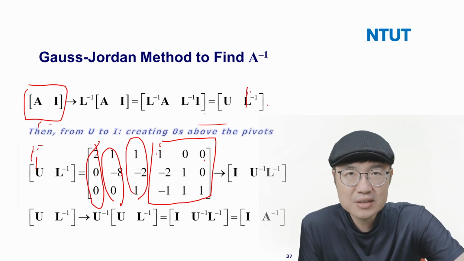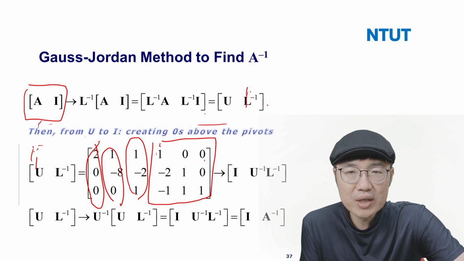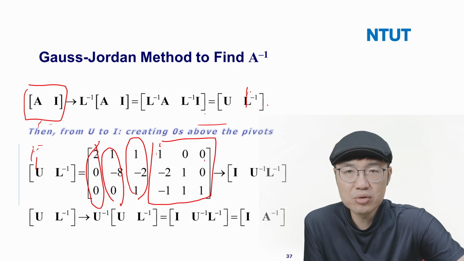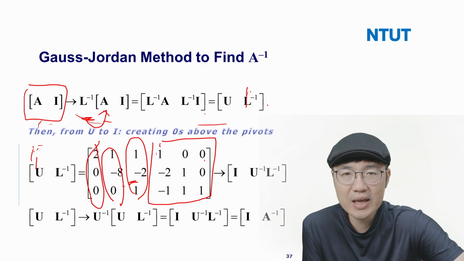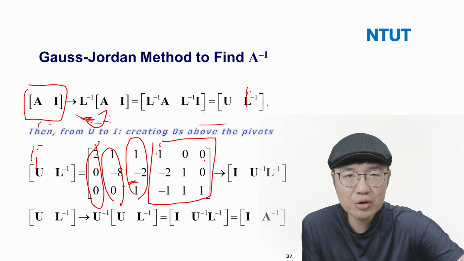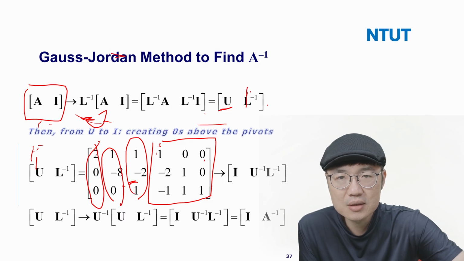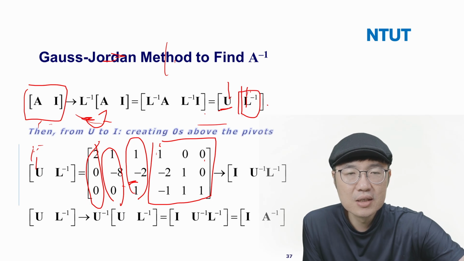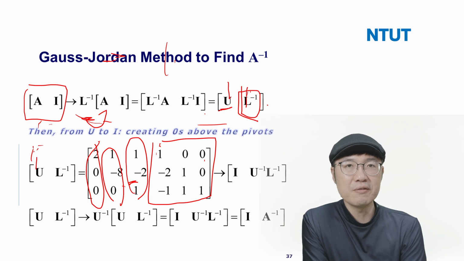And what is done in Gaussian elimination? We keep performing row manipulations, which are recorded in L inverse, right? So L inverse makes A an upper triangular one, and L inverse also makes that I become L inverse here. So this also produces a shortcut regarding L inverse.